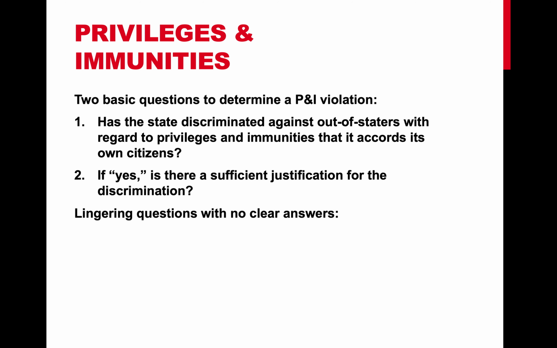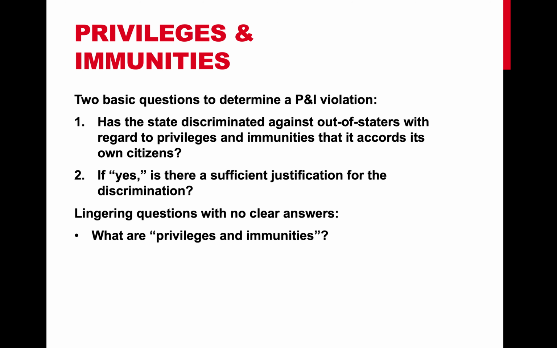So the questions that the doctrine doesn't give us clear answers to, or that require sort of ad hoc argumentation, are actually some very important questions. So what exactly are privileges and immunities? If we identify state discrimination, how do we know that that discrimination is with regard to a privilege and immunity?